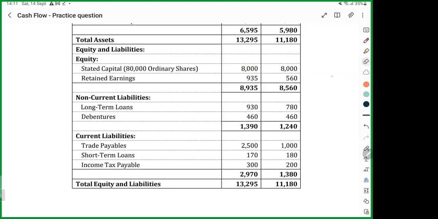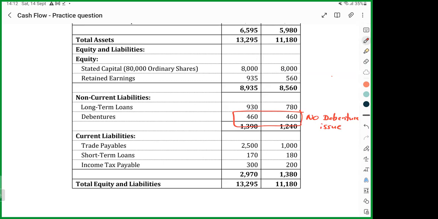Then look at the non-current liability. The company has issued debentures. There are no changes in debentures, so no debenture issue. Then there is no cash inflow or outflow.